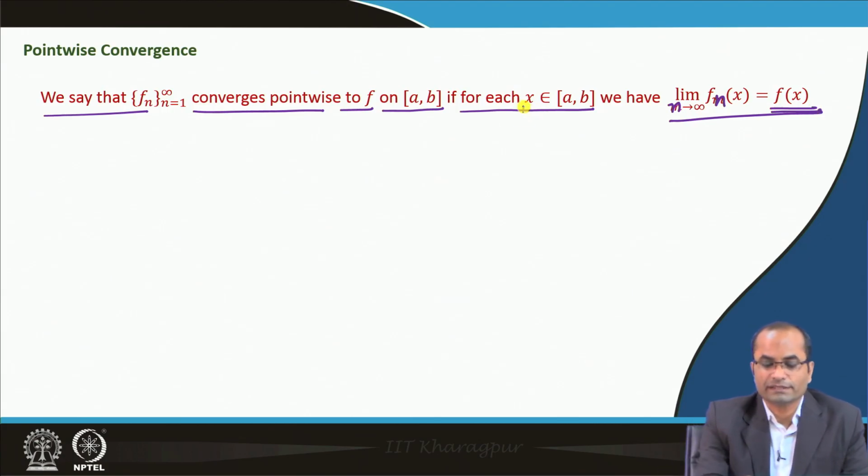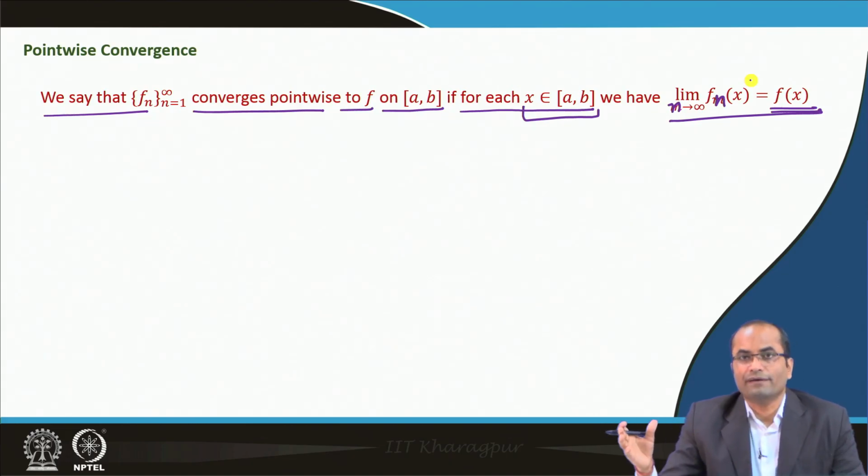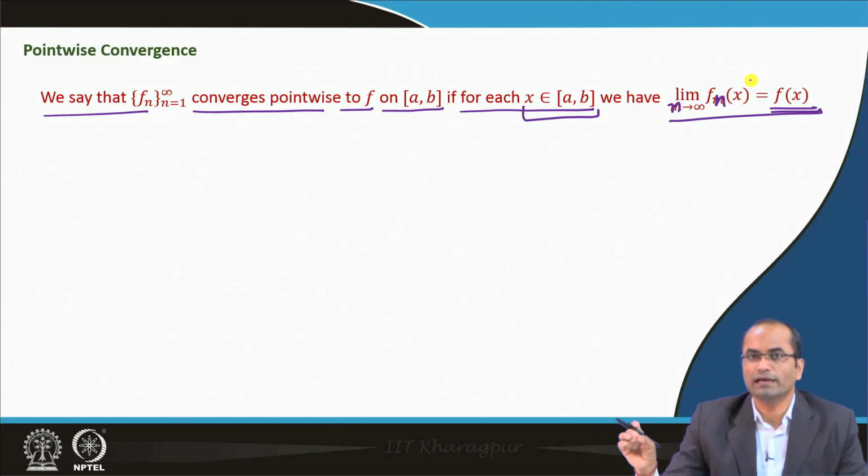That means we are fixing an x here, and then this sequence f_n(x) for this fixed value of x goes to f(x) for that same value of x.